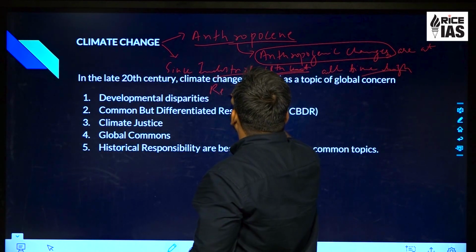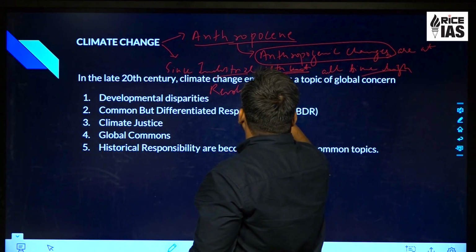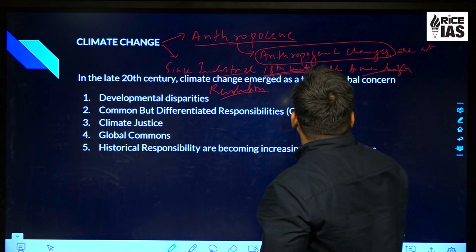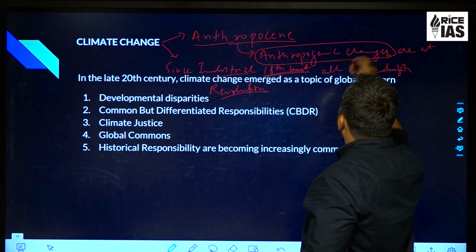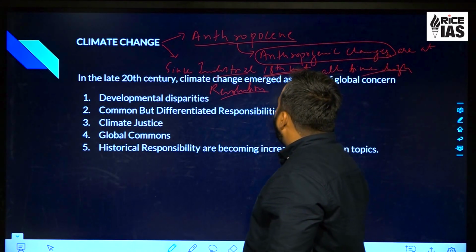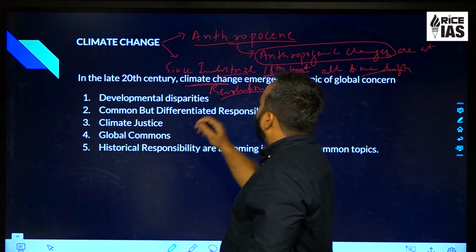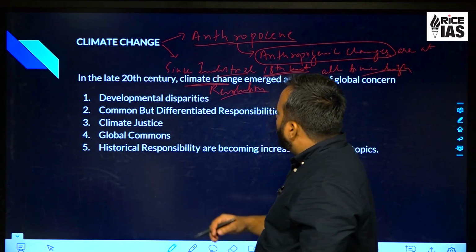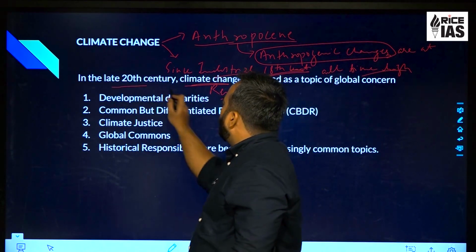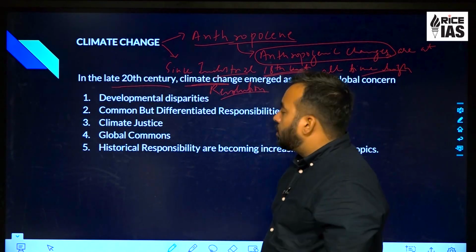Industrial revolution. Anthropogenic changes have taken a front seat in the past 40 to 50 years.